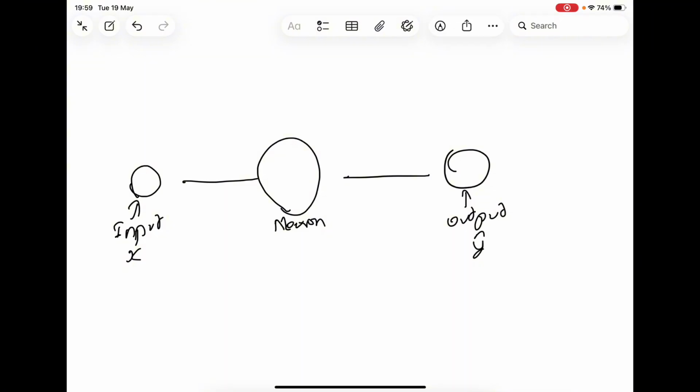Y hat means the prediction. In a neural network, the output is always the prediction, right? Here I will draw the weight. W means weight, and let's say this is the bias, right?